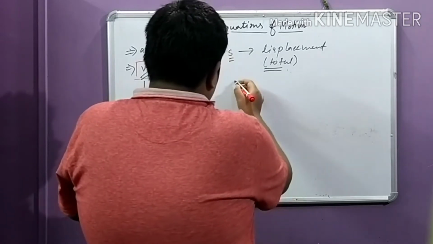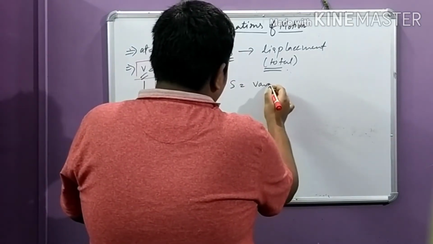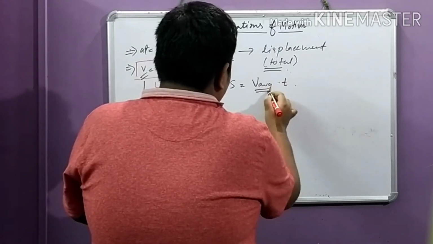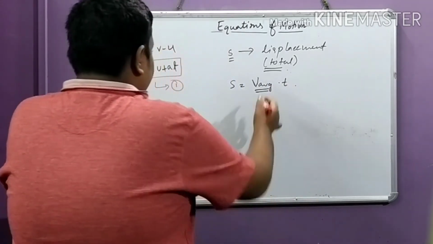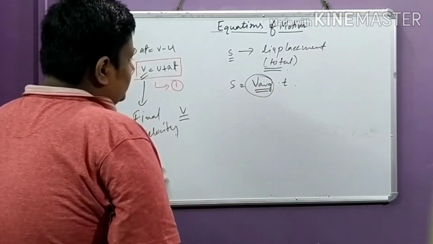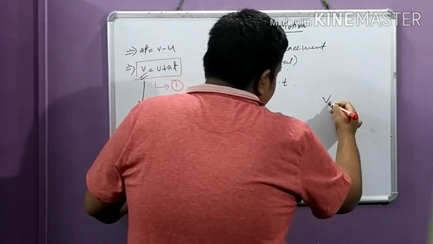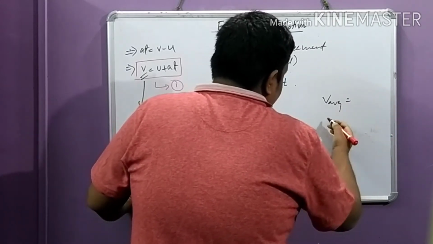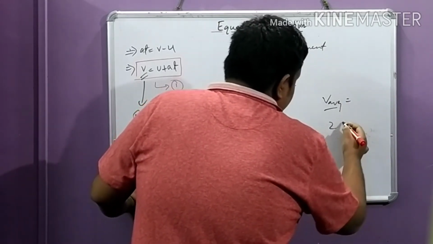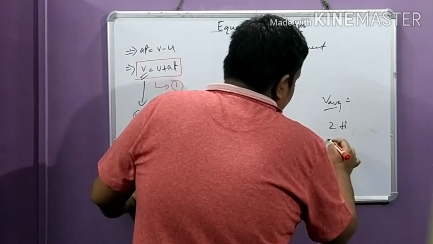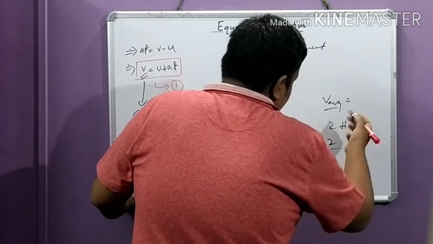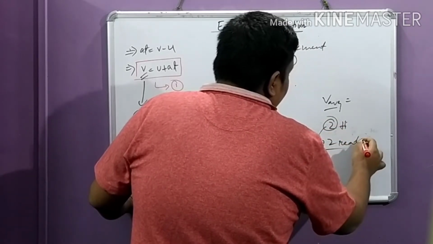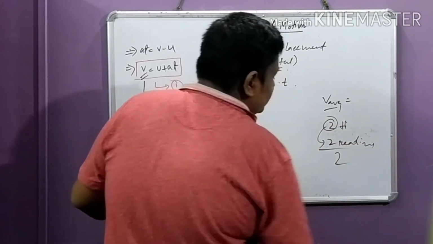So we know s equal to v average, average velocity, into t. Now what is v average? How do we find the average velocity? Of two things, we take two different readings, and then we divide by the number of readings, that is 2.